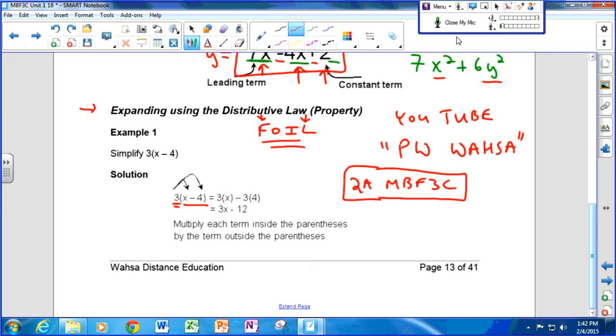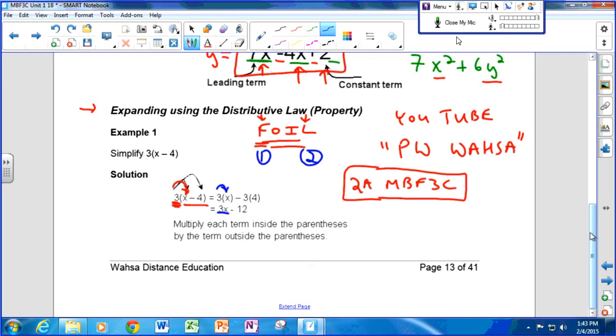Right now we're doing a single variable or constant times a binomial, which is just a fancy way of saying 2 things inside a set of brackets. So we're going to go to the front. That's the first one, and that's the second. So we do the front, 3 times x. A lot of people will just immediately write it as 3x.